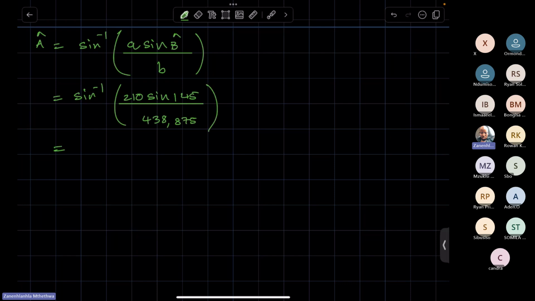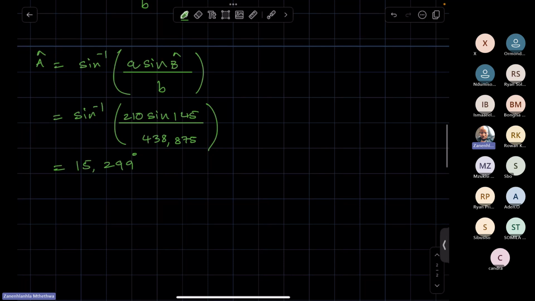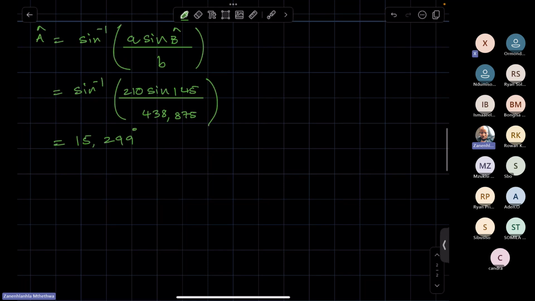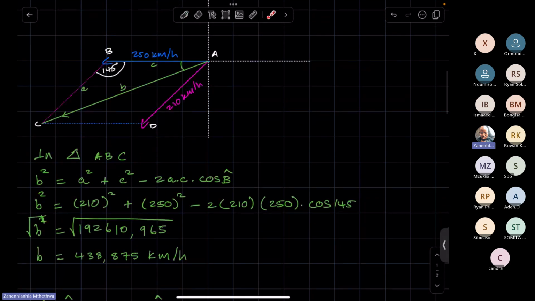And what do we get here? 15.929. Are we getting the same thing here? 15.929 degrees. Right. So now that we have this angle, which we intended to get anyway.